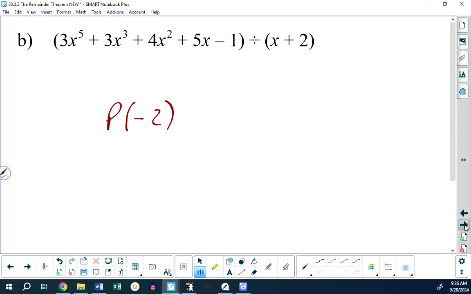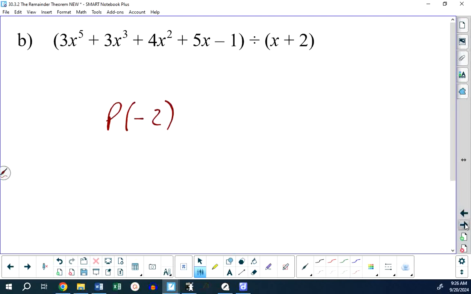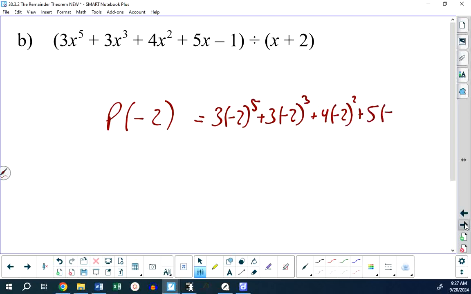Now, I just finished saying I can do this without the table feature of my calculator. Honestly, I'm not so confident here. So if this were a written response question, and you were asked to find the remainder, you would say, I'm going to calculate this, and then you're going to write the answer.